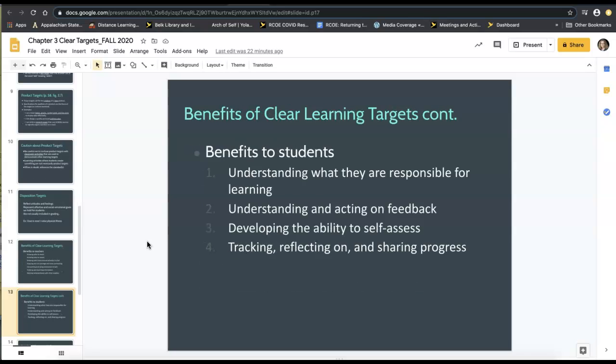For the students, clear learning targets are very important because they help the student understand what the goal of the lesson is and what they're responsible for. That way they're able to understand your feedback and act on it, and they're also able to engage in self-assessment better.